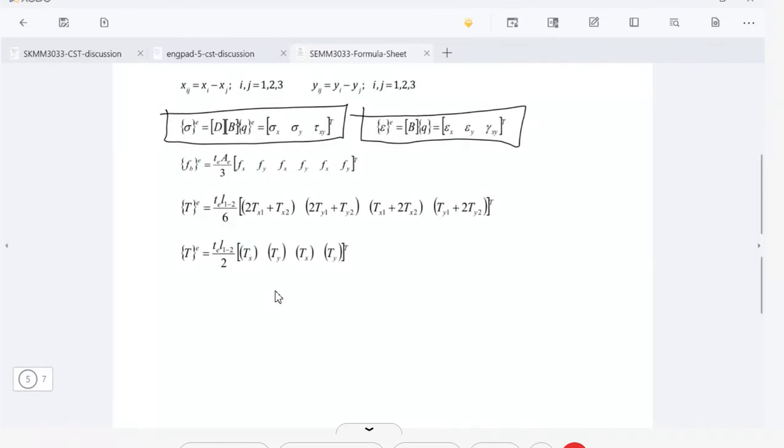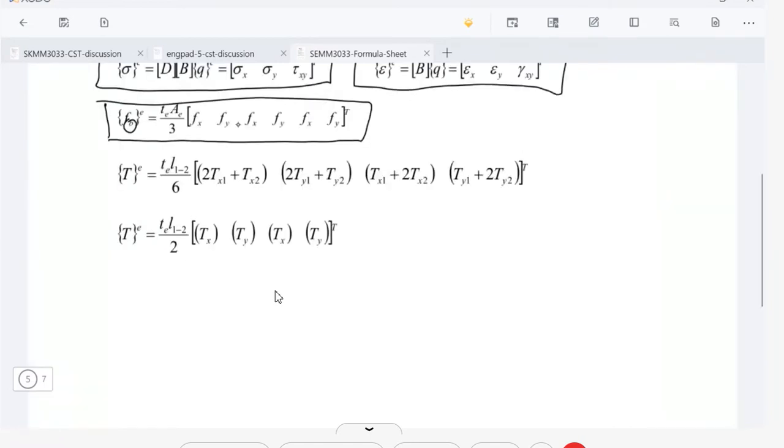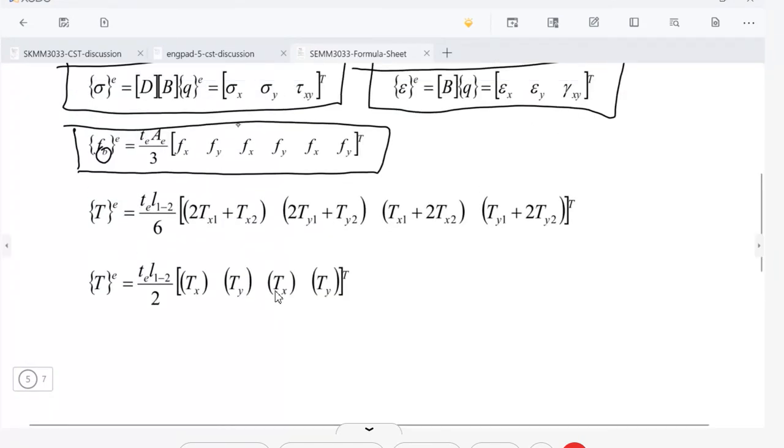Note that this is for your body force. But this is for your uniform loading, which is your traction force. Note that there are two formulas here.